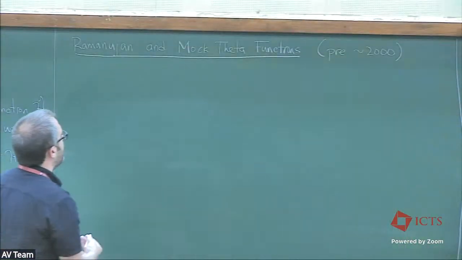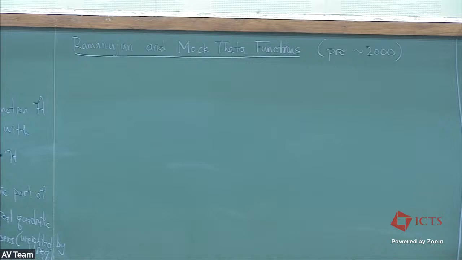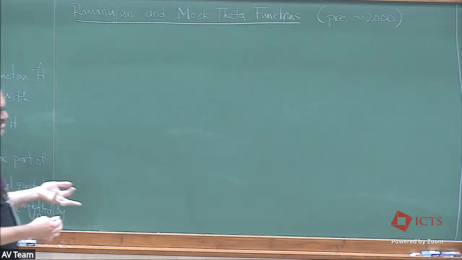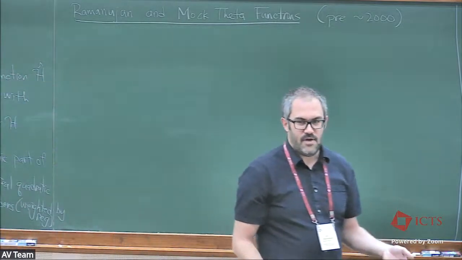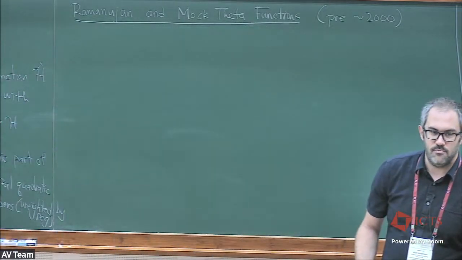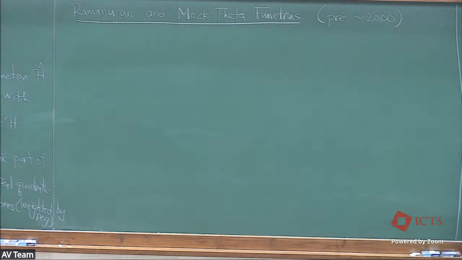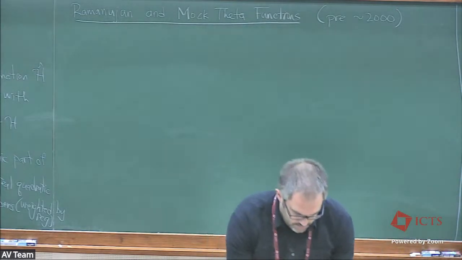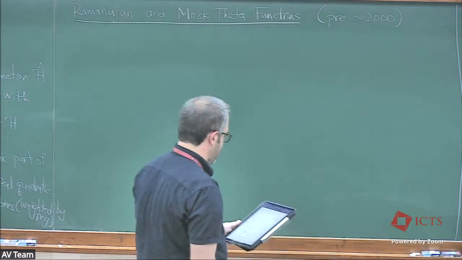So I'm going to try to focus today on 5 examples that came up because of Ramanujan's last letter to Hardy, and maybe one question that arose because of each of these examples. And then hopefully in my next lecture, I'll try to answer all 5 of those questions in the modern language of harmonic Maass forms. So today I don't actually have a lot of answers, I just have a lot of questions, mysteries maybe, that came up because of the last letter.